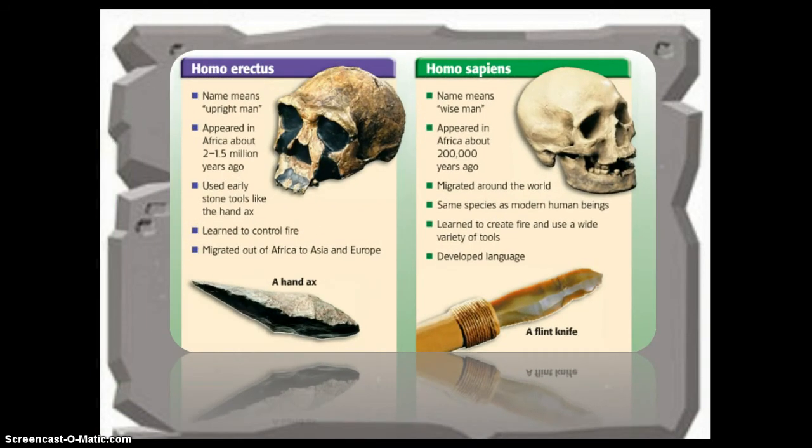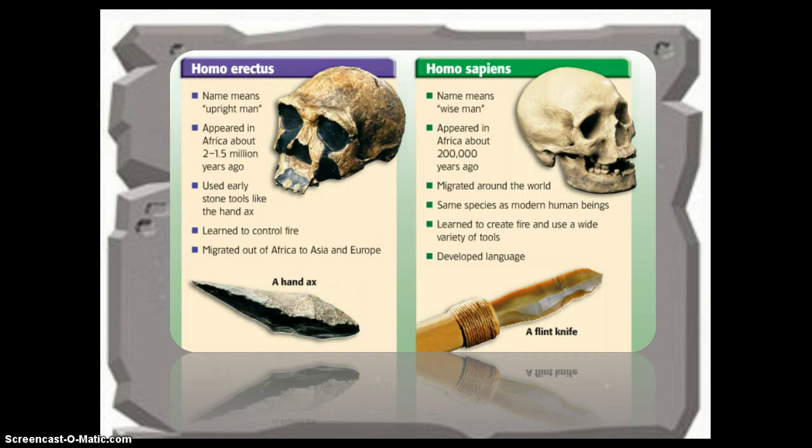Later on, 2 to 1.5 million years ago, we changed into what we call the Homo erectus, or his nickname is the upright man. And once again you can see the development of tools as well. Now it's not only a hand-held piece of rock, but it's developed into a sharp hand axe. We're going to talk about that a little bit later as well.